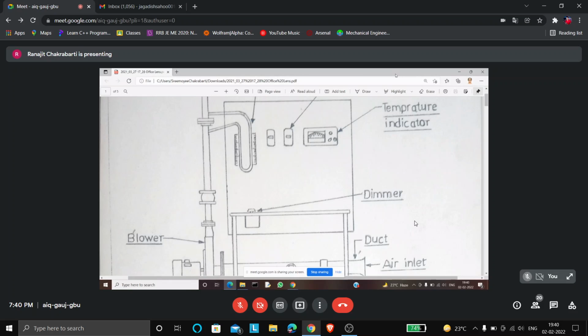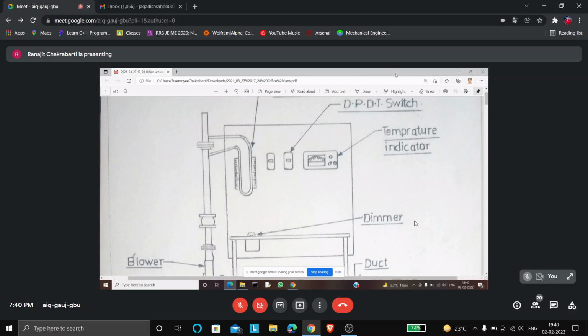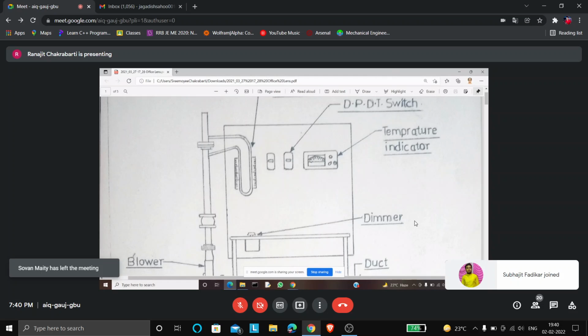Now, about the setup, there are a few more things I'd like to tell you. Here we have a DPDT switch, a double pole double throw switch, an electrical item. And here we have a temperature indicator, which is a digital device.